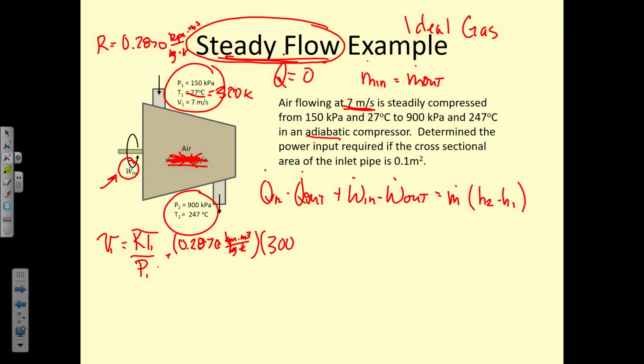So multiplied by 300 Kelvin and divided by the pressure, which is 150 kilopascals. So kilopascals cancel out, Kelvin cancels out. I'm left with meters cubed per kilogram, which is what I would want for a specific volume. So I find my specific volume to be equal to 0.574 meters cubed per kilogram.